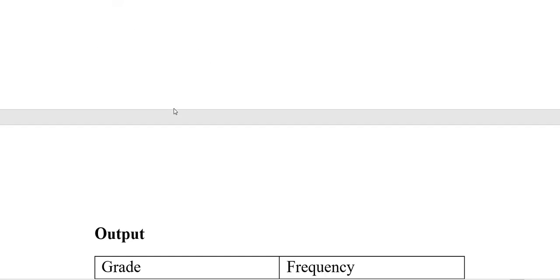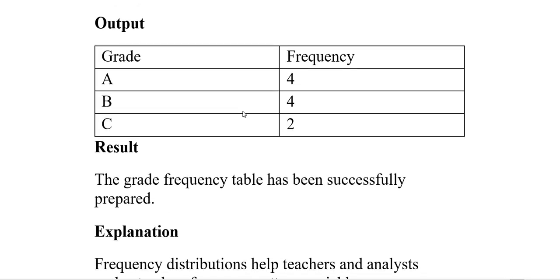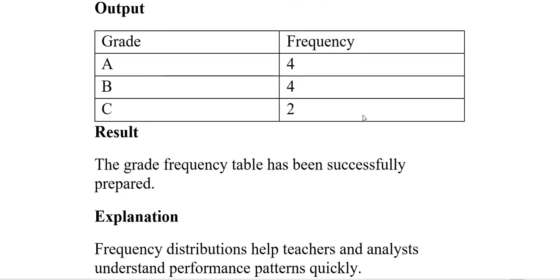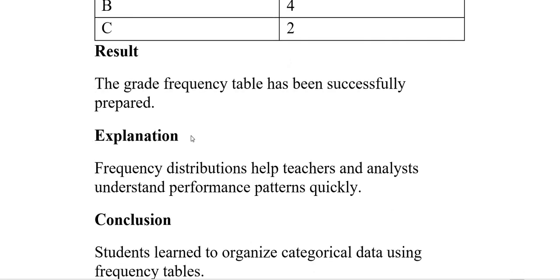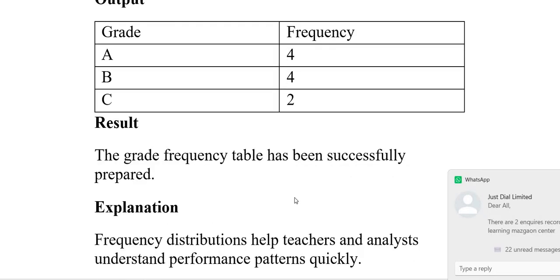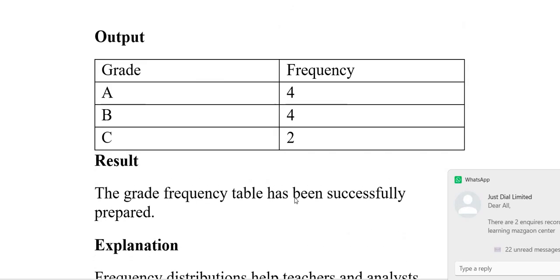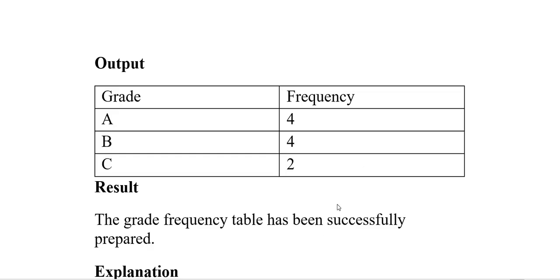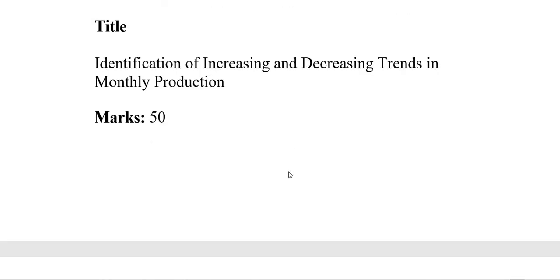So our highest frequency is 4 and another highest frequency is 4 and then 2. This is our frequency table. Explanation: frequency distribution helps teachers and analysts understand performance patterns quickly. We can quickly learn the performance based on the frequency table, right?